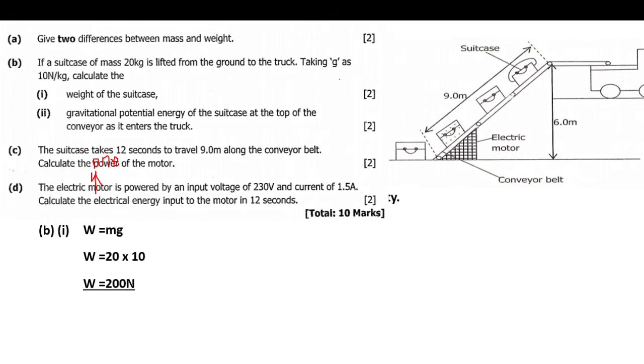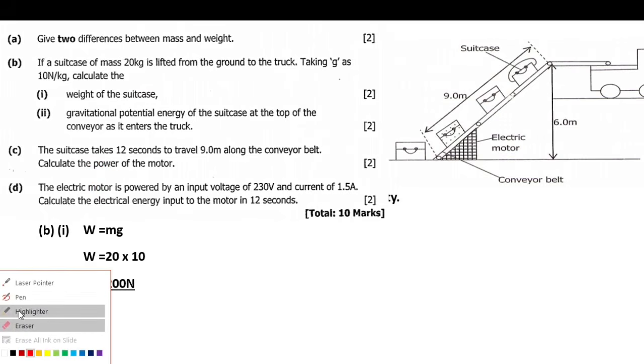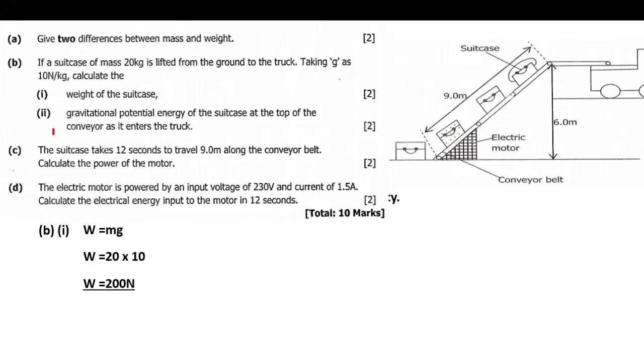Okay, so let's continue. Then 2 reads, calculate gravitational potential energy of the suitcase at the top of the conveyor as it enters the track.